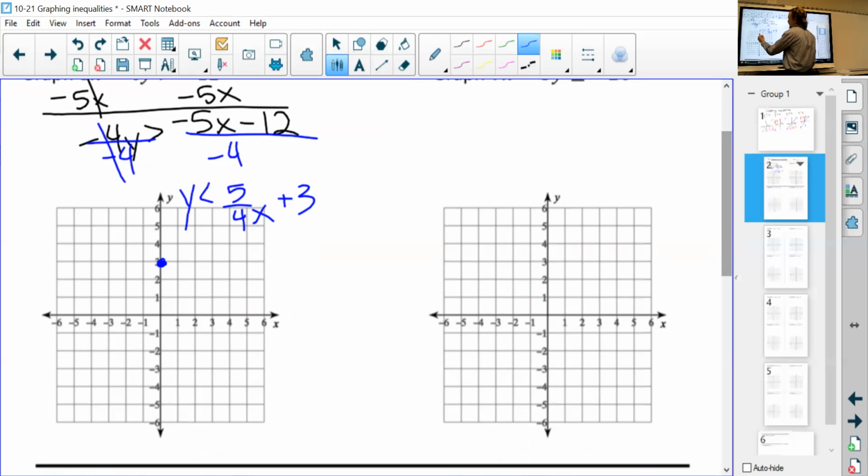So I'm going to go down 5, 1, 2, 3, 4, 5, and left 4. That gives me my second point. Let's make sure it's actually blue. Okay, since it's just less than, I know I'm going to put a dashed line. So best I can, put a dashed line here.